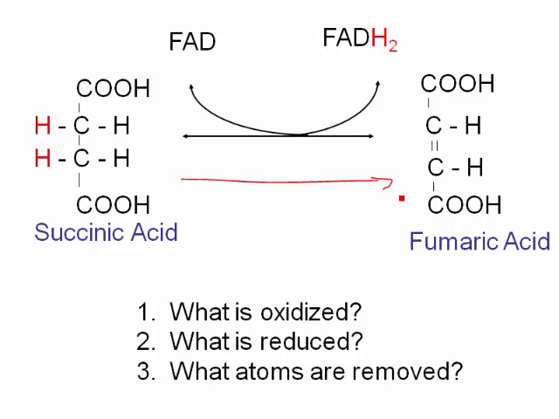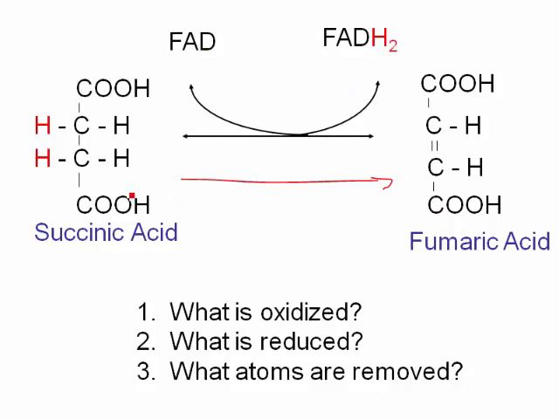So I want you to pause and think about what is oxidized and what is reduced. When you answer this question, you only get to choose from the reactants on the left. You get to choose the word succinic acid or the word FAD. You don't get to choose from the products.